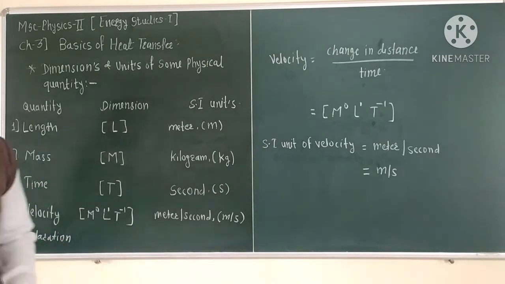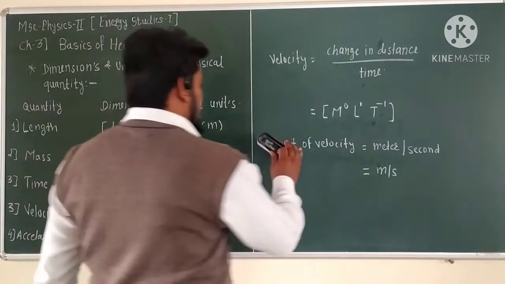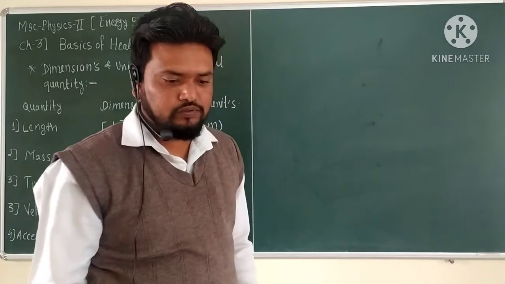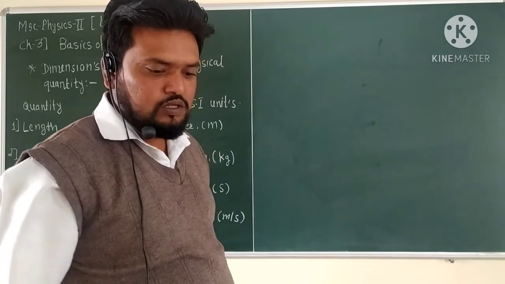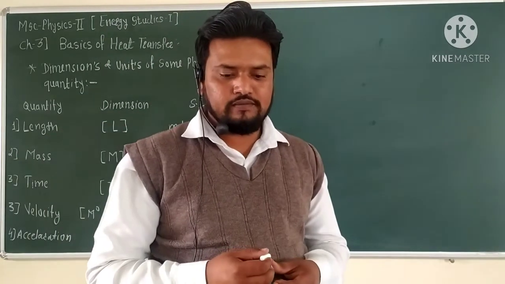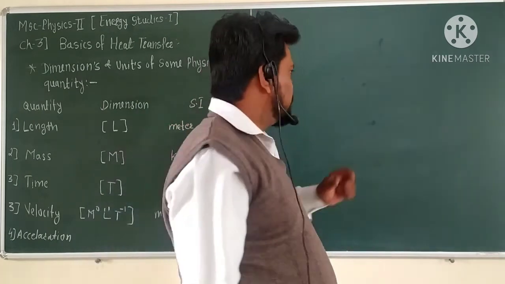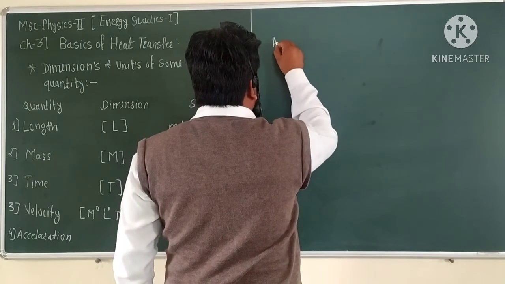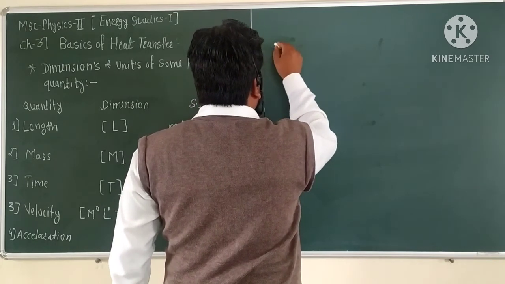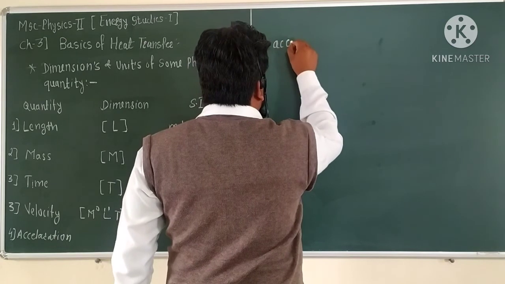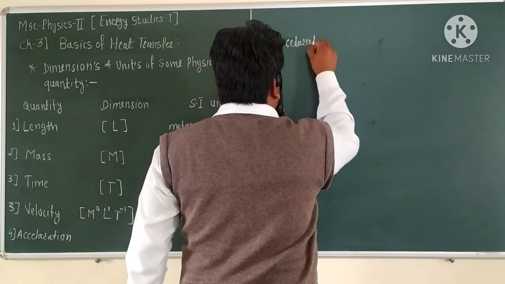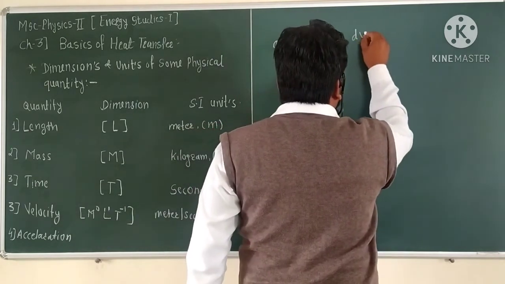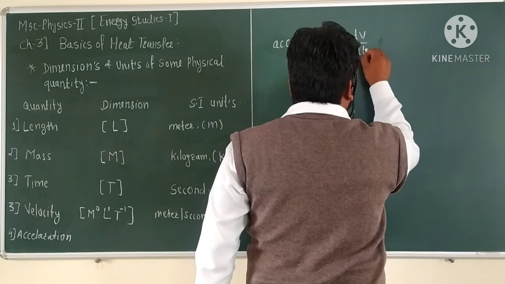And if we calculate the dimension of the acceleration in terms of the given quantity, acceleration is nothing but dv divided by dt.